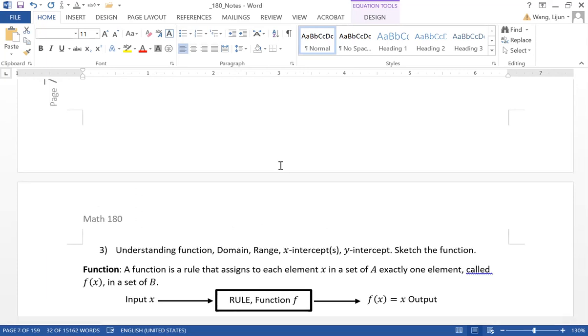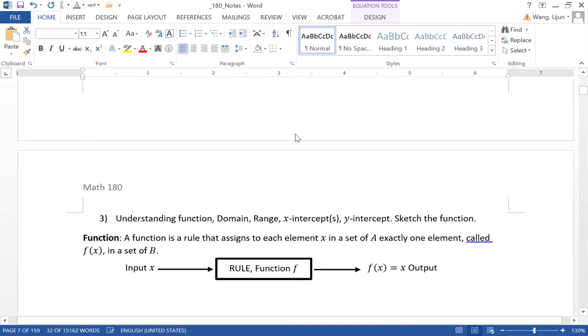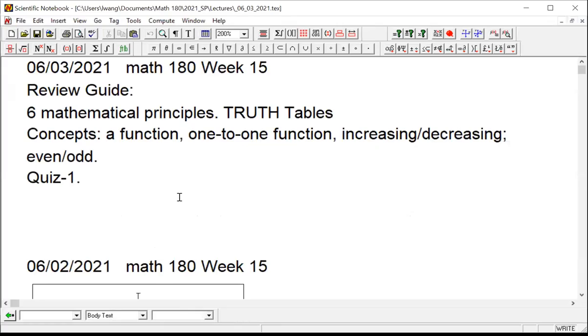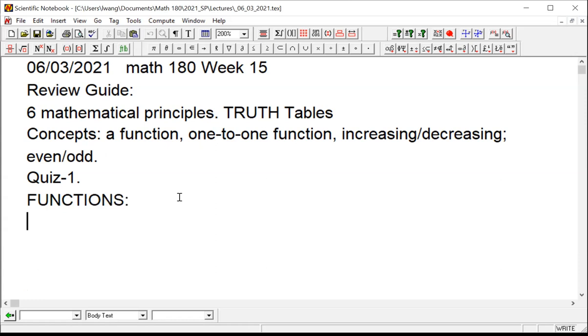So I'm going to go back and write something about the Basics 1 table, Functions. This is the absolute foundation about function.